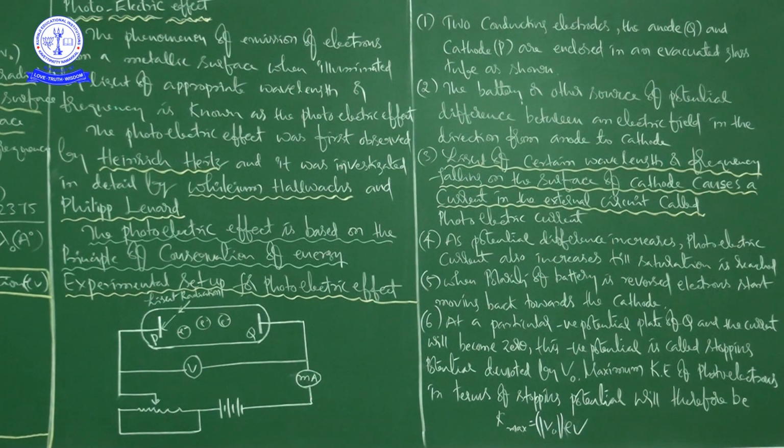Next, the photoelectric effect was first observed by a great scientist, Heinrich Hertz, and it was investigated in detail by William Hallwachs and Philip Lenard.